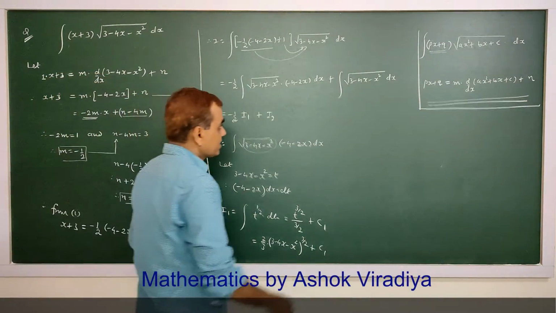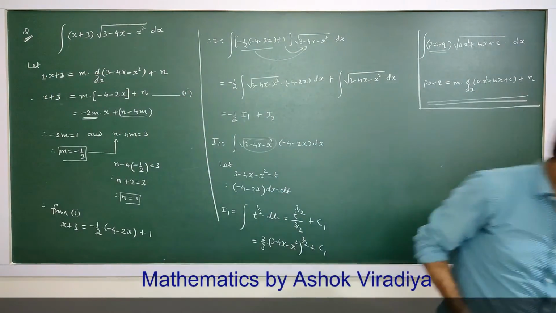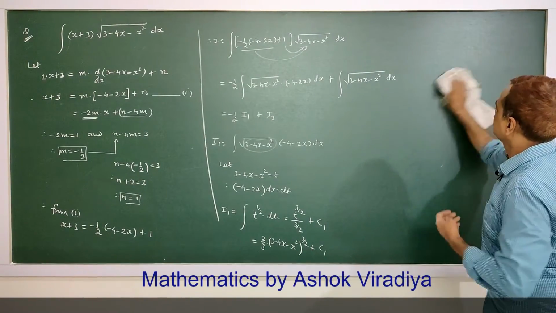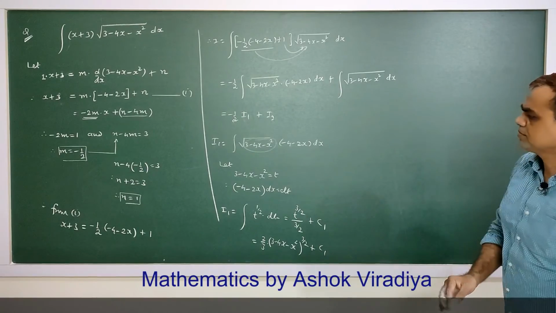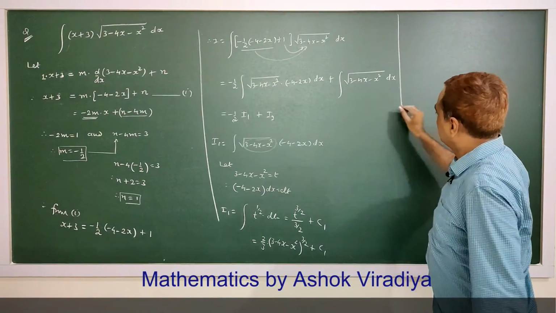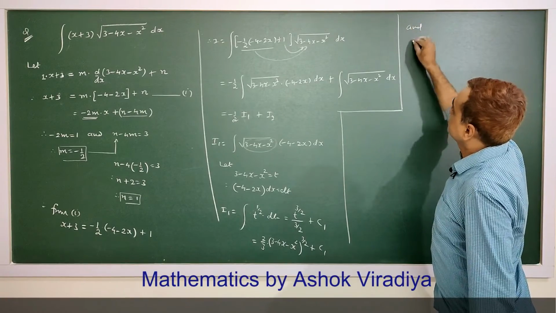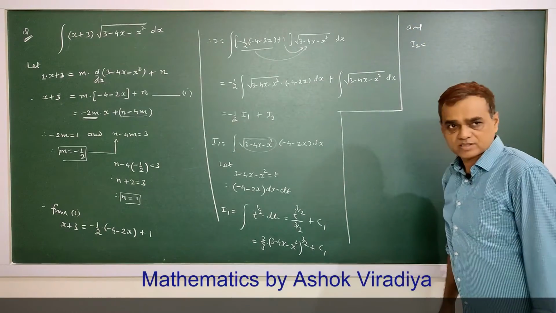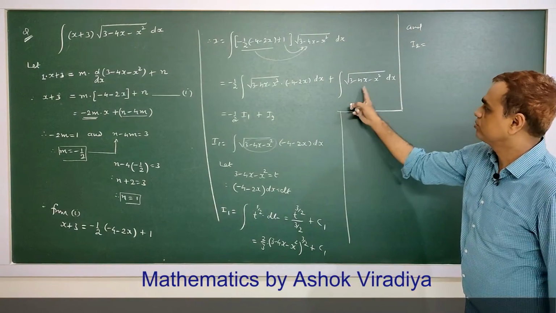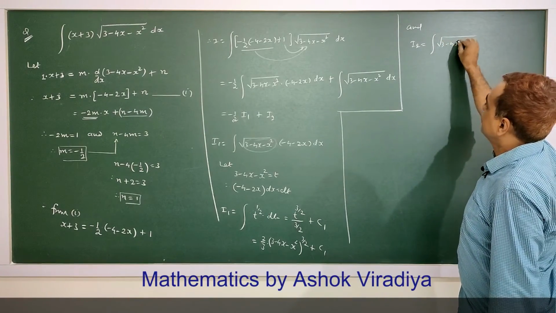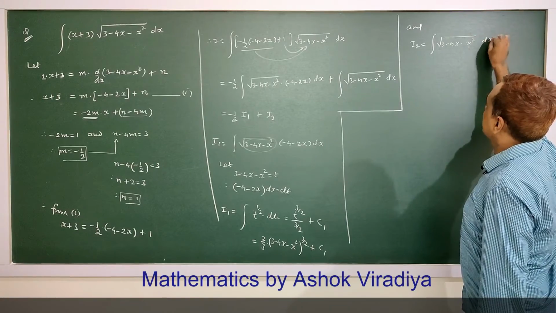So this is I1. And I2, this was I2, is the integral of the square root of 3 minus 4x minus x square.